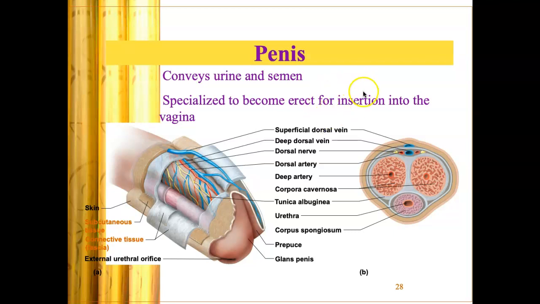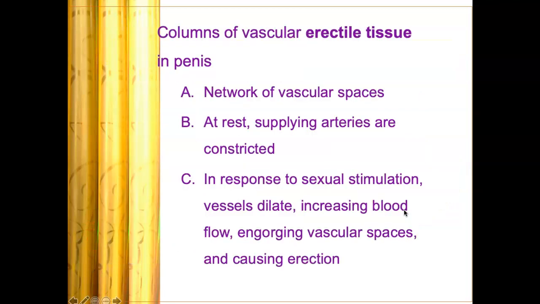The penis is going to convey urine and semen, and this is just showing the good blood supply and that spongy tissue. You can see the 3 circles of spongy tissue. At rest, the arteries that supply that erectile tissue are constricted, but with sexual stimulation, the blood vessels will dilate and blood will flow into the erectile tissue and basically get trapped in there.